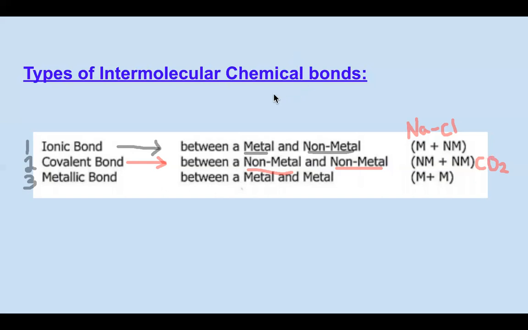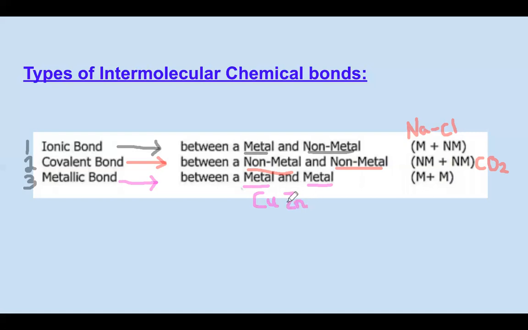The next, third one, metallic bond. It's so easy, right? So the bond between two metals is called a metallic bond. Let's give an example of an alloy. Copper is a metal and zinc is a metal.